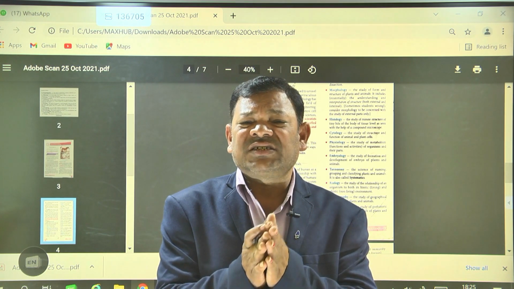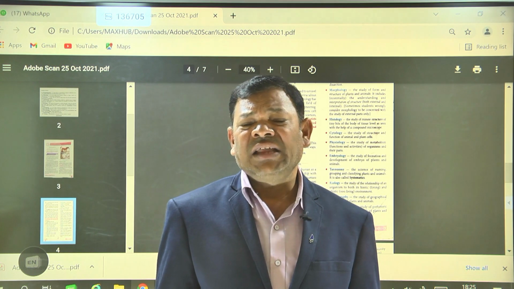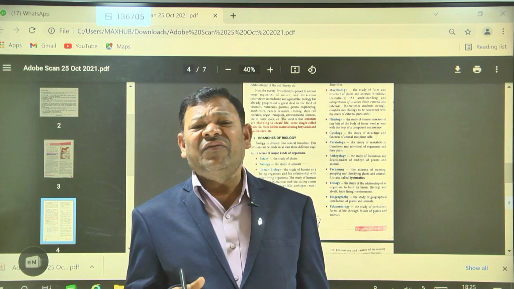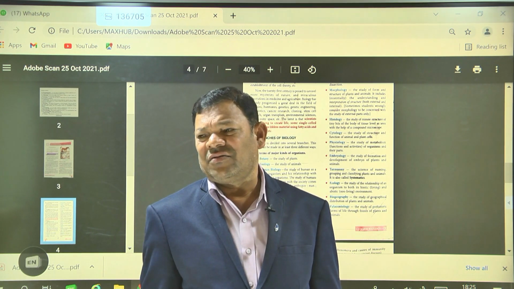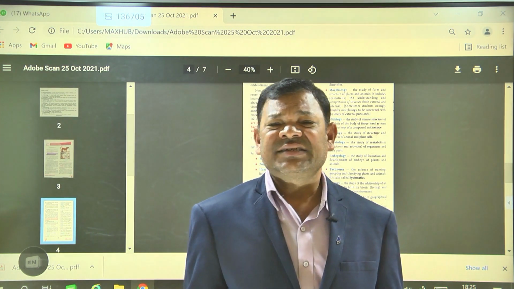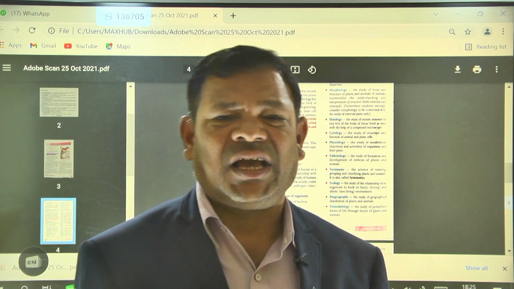All the ecosystems unite to form the biosphere. In a living organism, the smallest unit is the cell. What is the smallest unit? Cell. What is the largest unit? The largest unit is known as the biosphere.